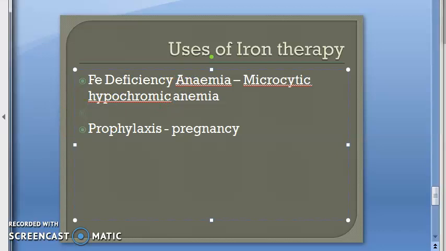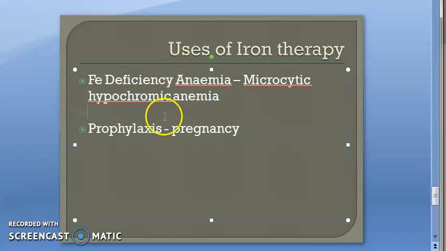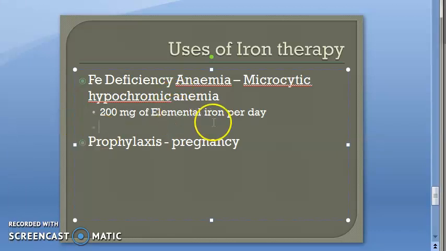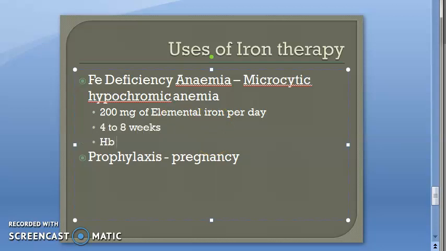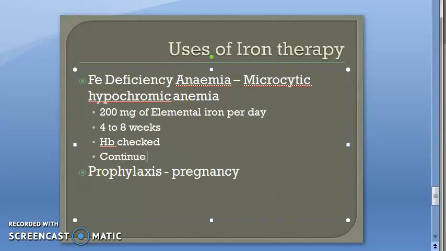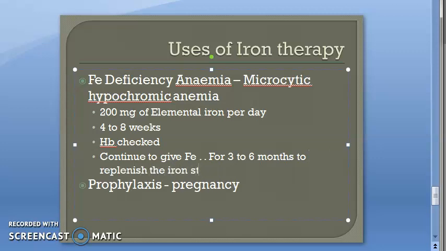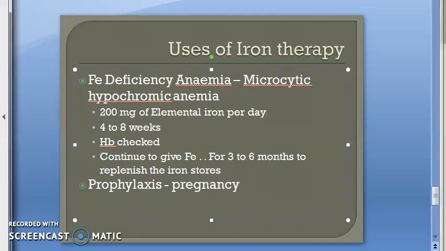So 200 milligram of elemental iron is required per day. You give it for 4 to 8 weeks, then hemoglobin levels should be checked. Then again you will continue to give iron for 3 to 6 months to replenish the iron stores. Okay, so you should continue even after hemoglobin reaches normal level.